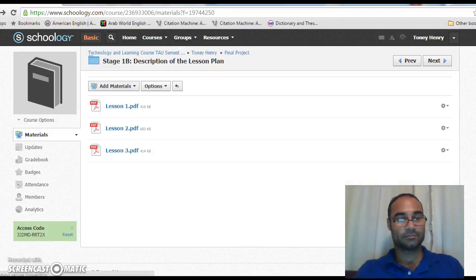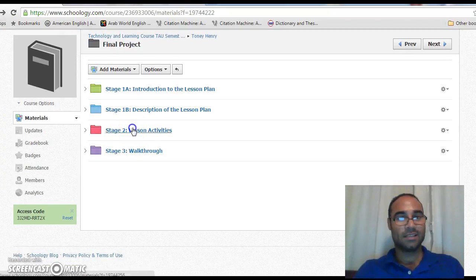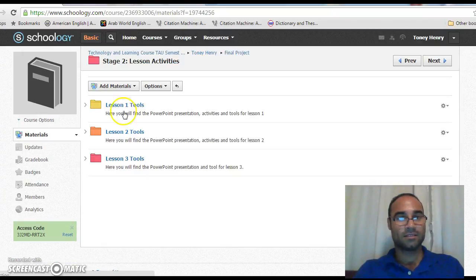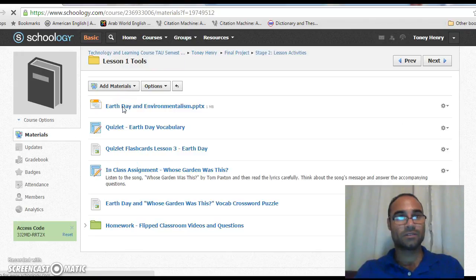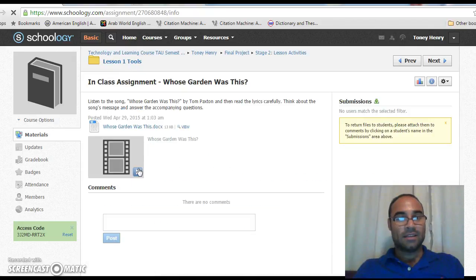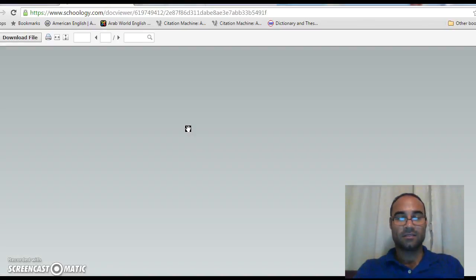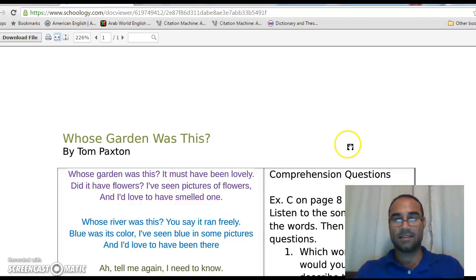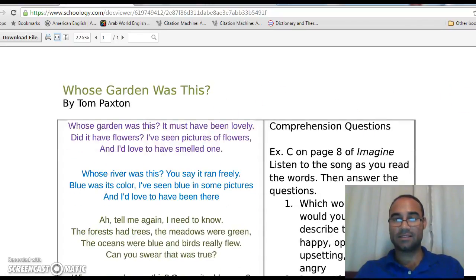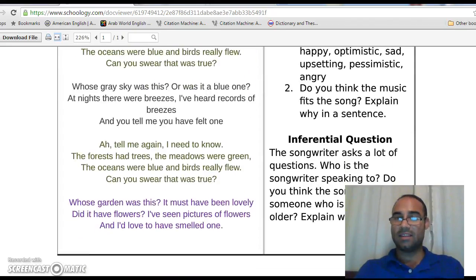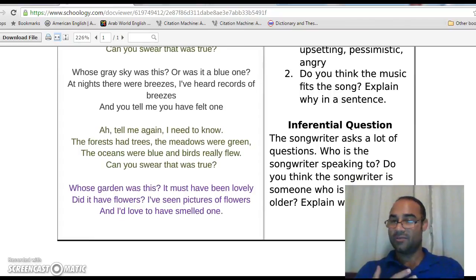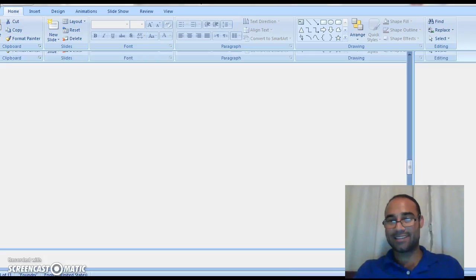here, in the lesson activities and lesson 1 tools, you can see that the assignment is here, so you can view it. And it has the lyrics as well as the comprehension questions and the inferential question, which is accessing those higher order thinking skills.